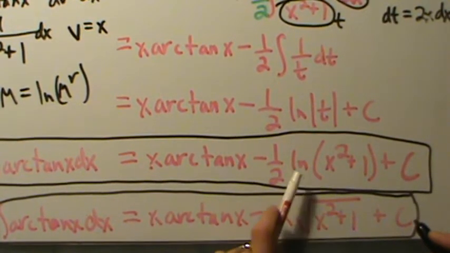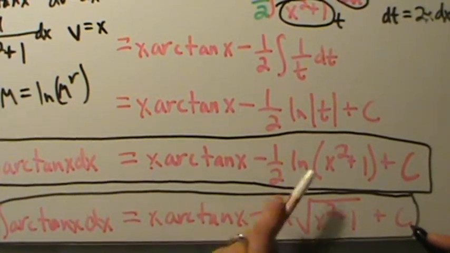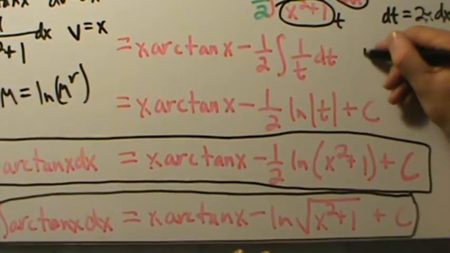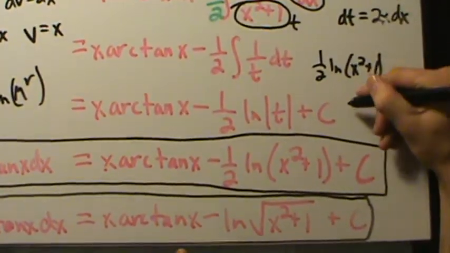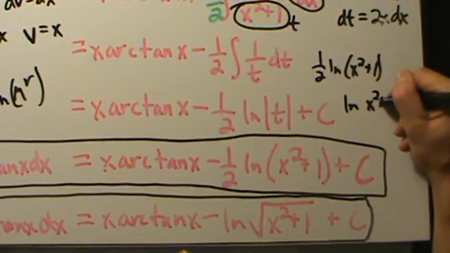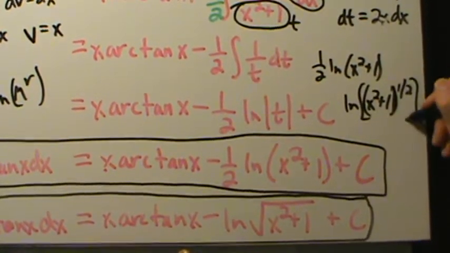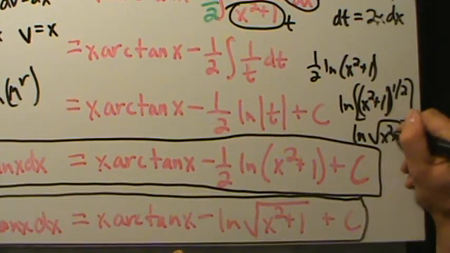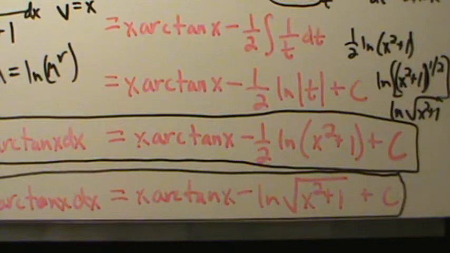Okay, so 1/2 natural log of x squared plus 1 is the same thing as natural log of x squared plus 1 to the 1/2. And the 1/2 power means square root, so that's natural log of the square root of x squared plus 1. Okay, so that's where that comes from.